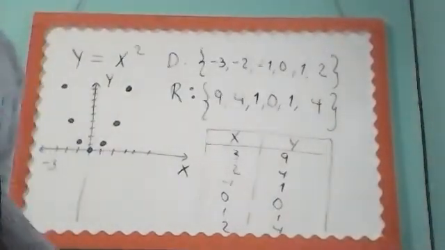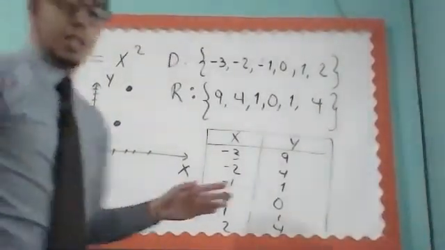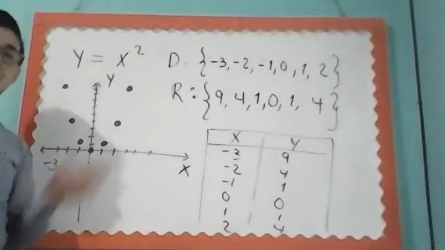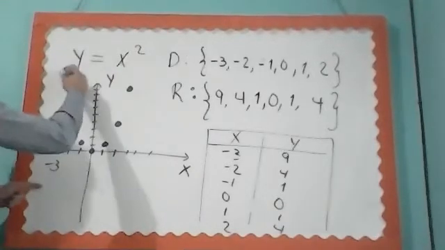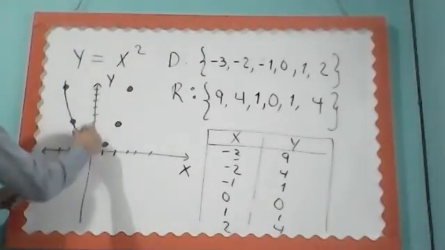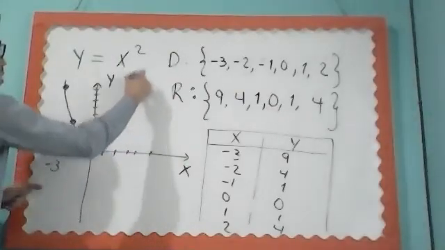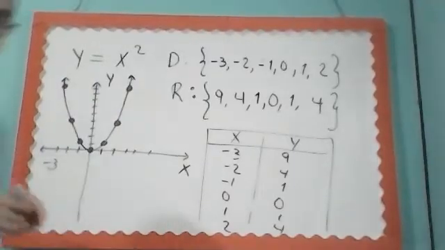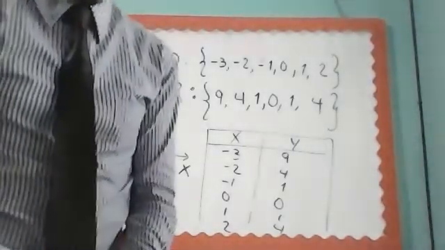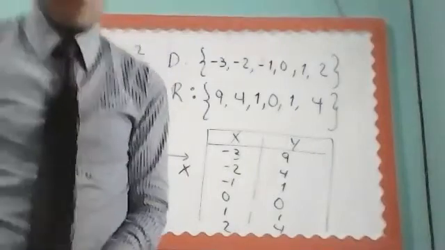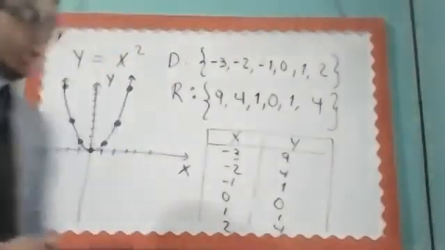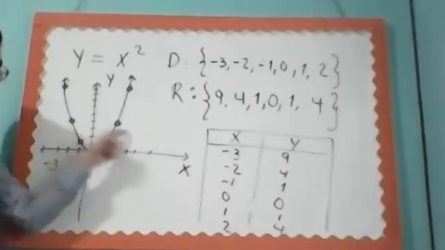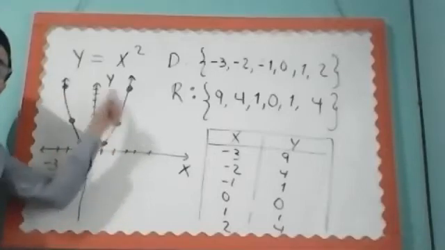In this case, this equation, y equals x to the power of 2, has this shape. This is the shape of this function. This kind of graph is continuous. You only place these points to find some values of this graph, but this is a continuous graph.